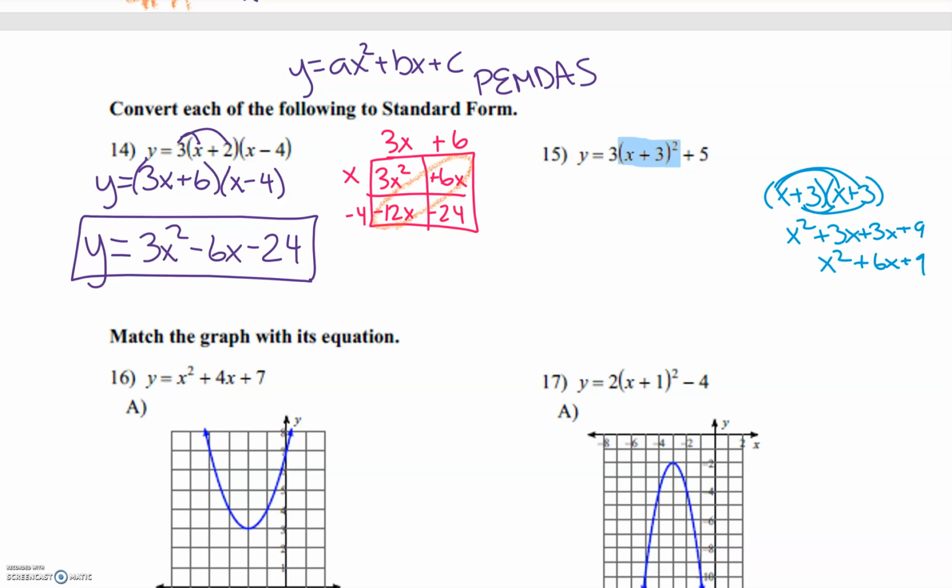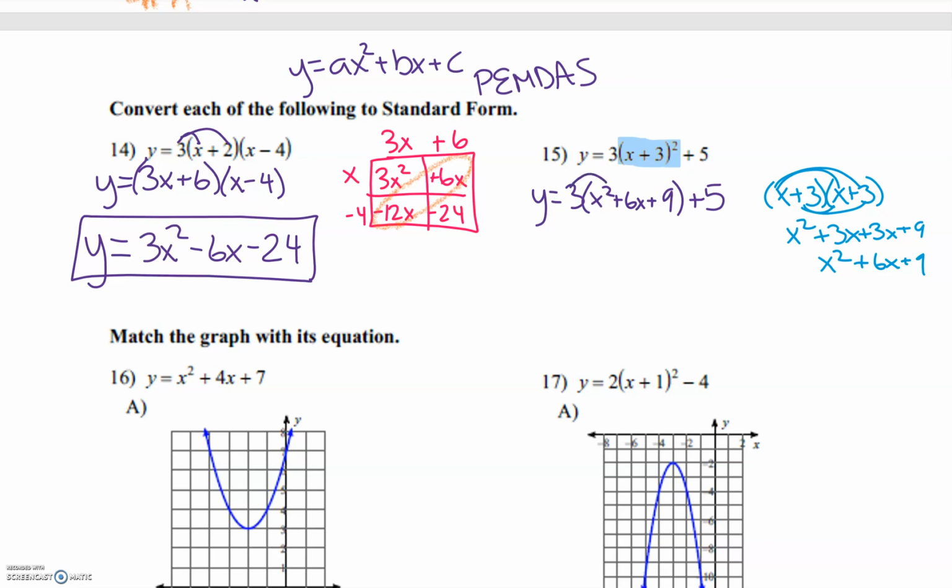Alright, so we've got y equals 3 times x squared plus 6x plus 9, and then outside the parentheses is a 5. Order of operations says what we do next is the multiplication before addition.